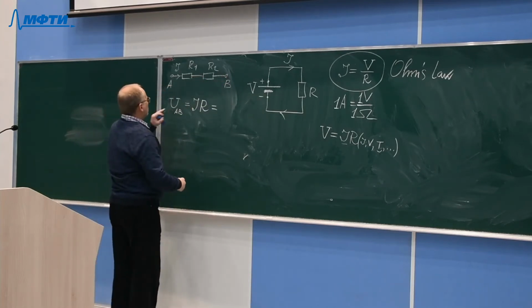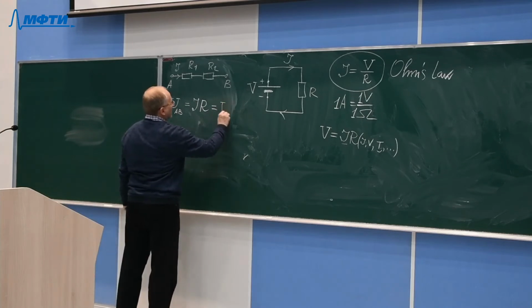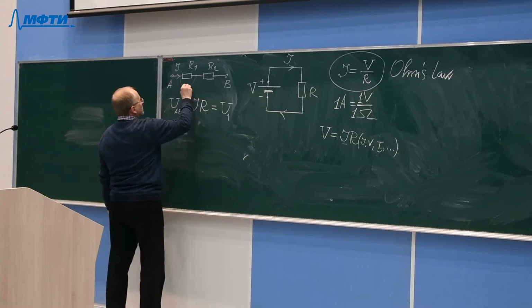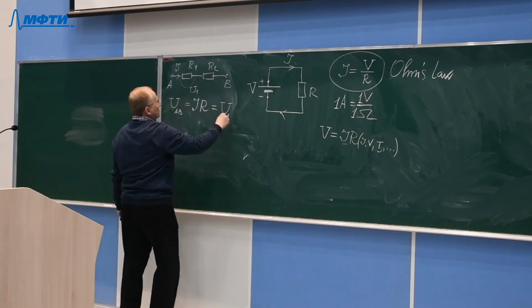So the total potential difference will be equal to the potential difference on the first resistor, that is the potential difference here, and the potential difference on the second resistor.